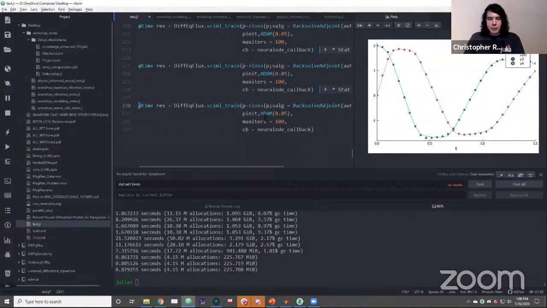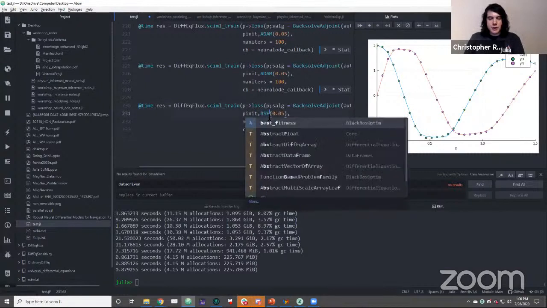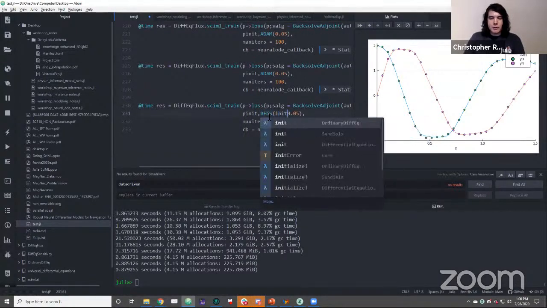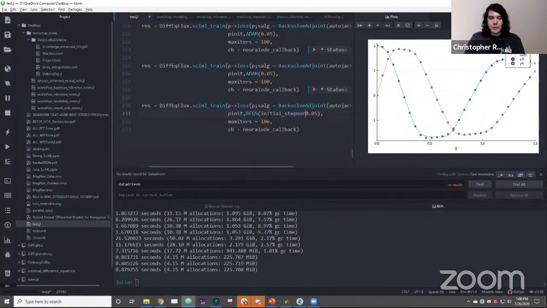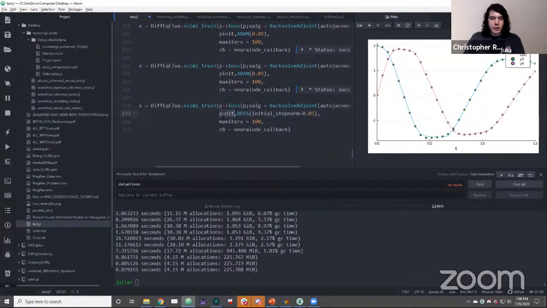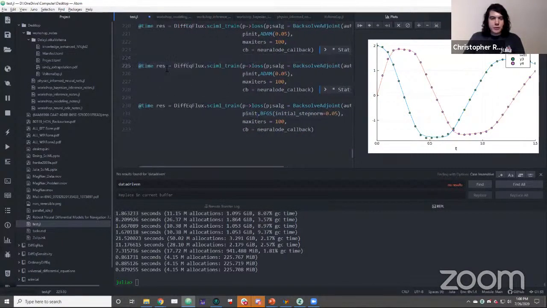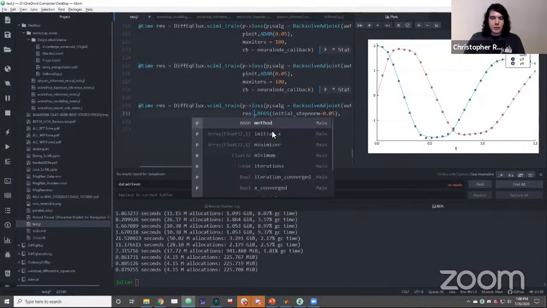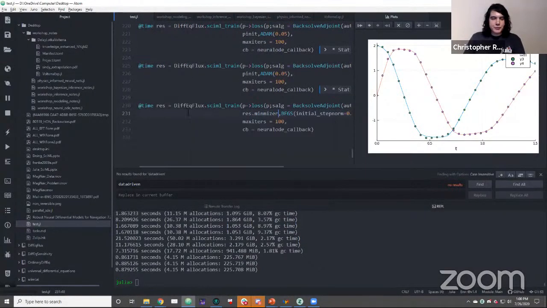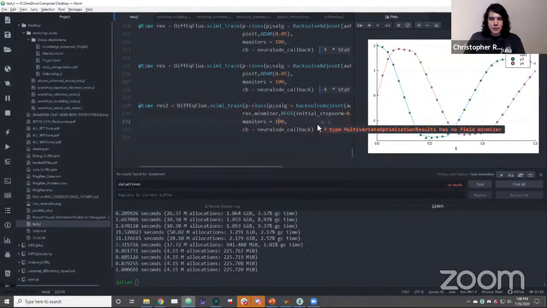Let's take this one, and now we utilize BFGS, where we set the initial step norm equals 0.5, and we make this start at res.minimizer. This one will take 1 second.